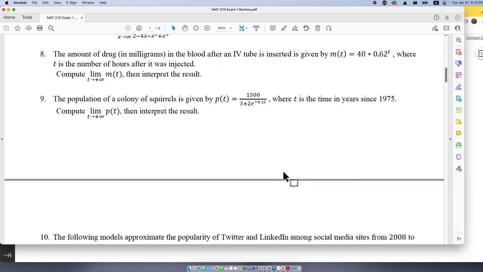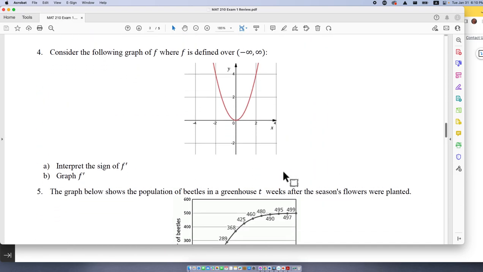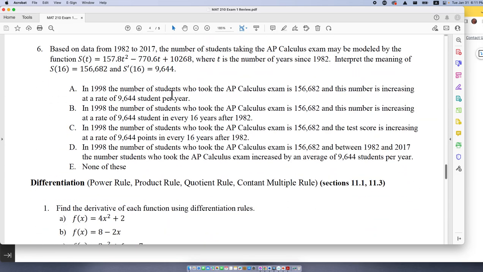Uh-oh. I thought it didn't save. Didn't save my highlights.